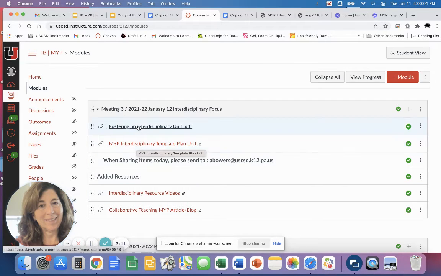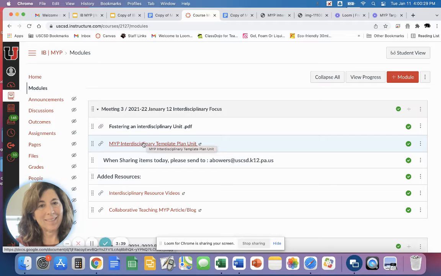There's the IB's unit plan and the formal description of that. Once you're ready, and this is something you might start to think about in lieu of or as part of your PLC meetings with somebody on a team, as Dudley and I did, then you would start to build your template.